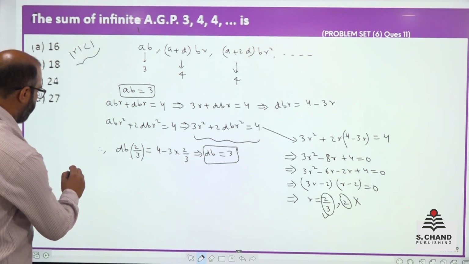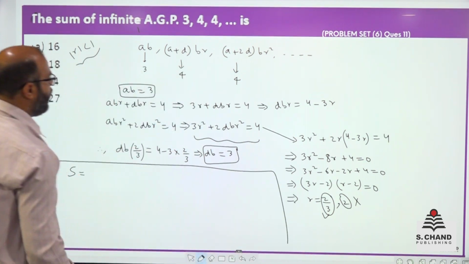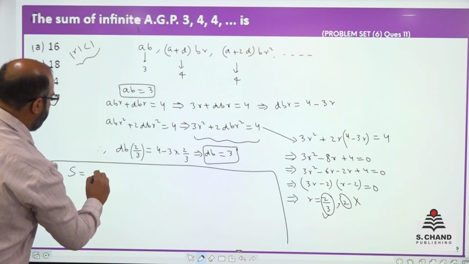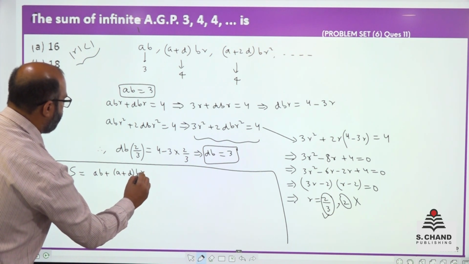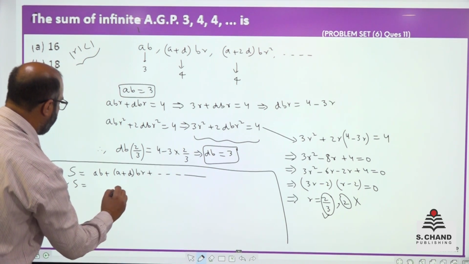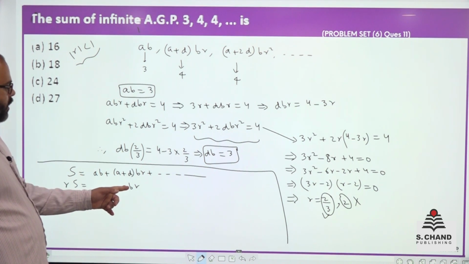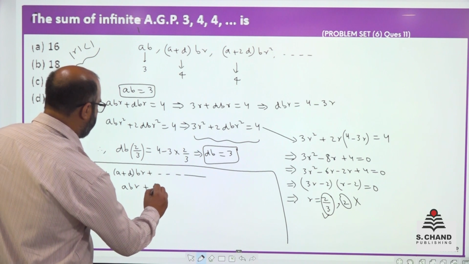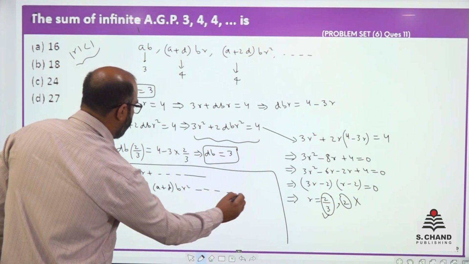Now let us see the sum of the AGP. Sum of the AGP is S equal to ab plus (a plus d)br plus so on. If you multiply by r, rS will be equal to abr, and this will be multiplied with r and put in here, and so on, a plus d, br square, so on.